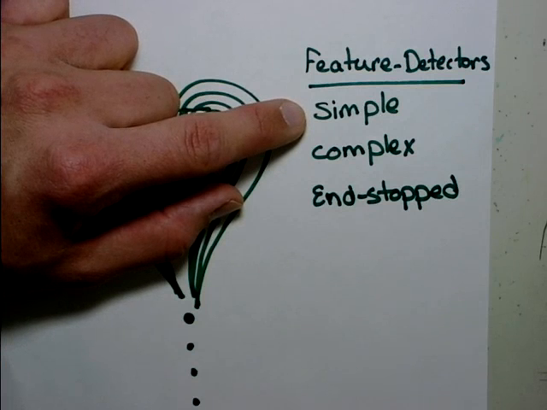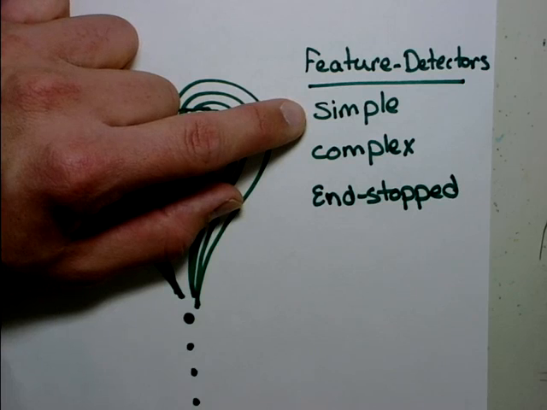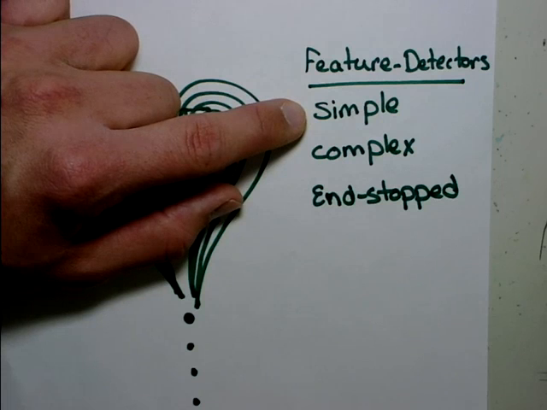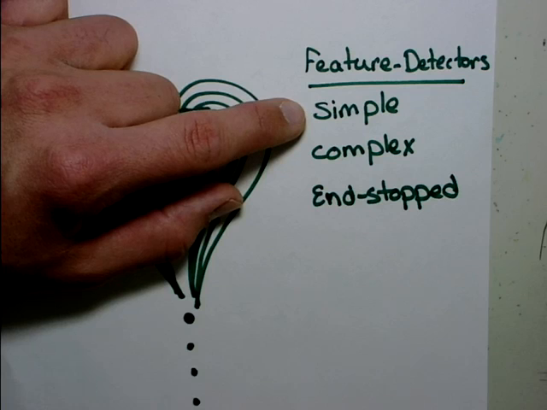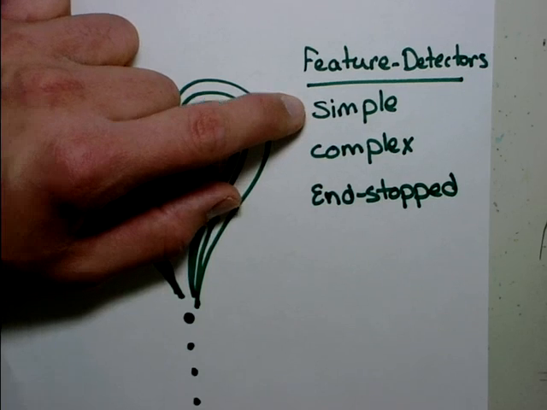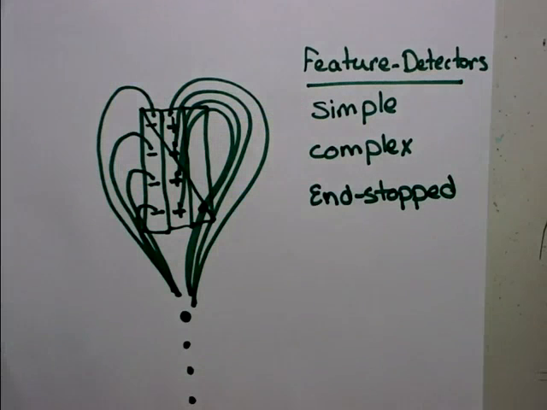In the occipital lobe. Simple cells in the striate cortex only respond to light at a specific position in the visual field and at a specific orientation in the visual field. Position in the visual field and a specific orientation. Does that make sense?